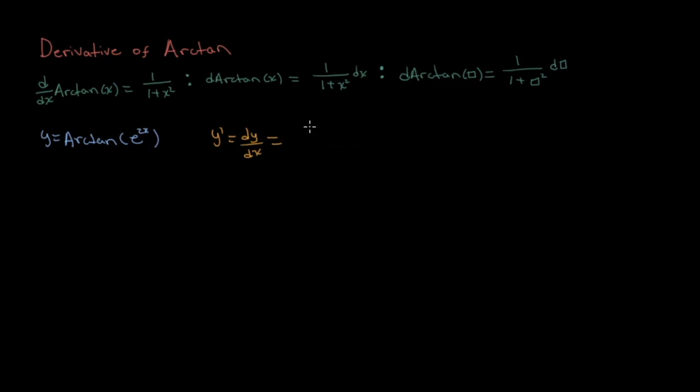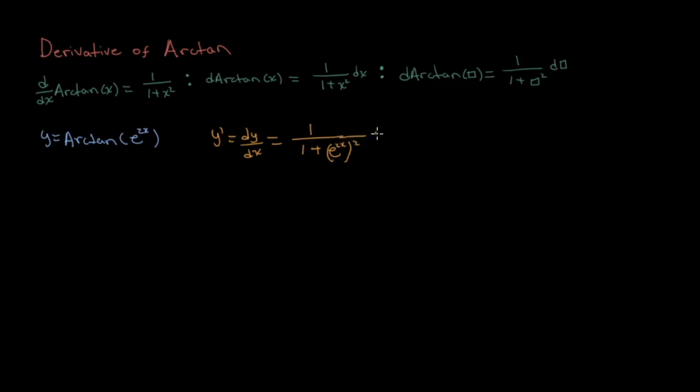y prime, dy by dx is equal to 1 over 1 plus whatever this box is, squared. Now in this case it's e to the 2x, so 1 plus e to the 2x squared.